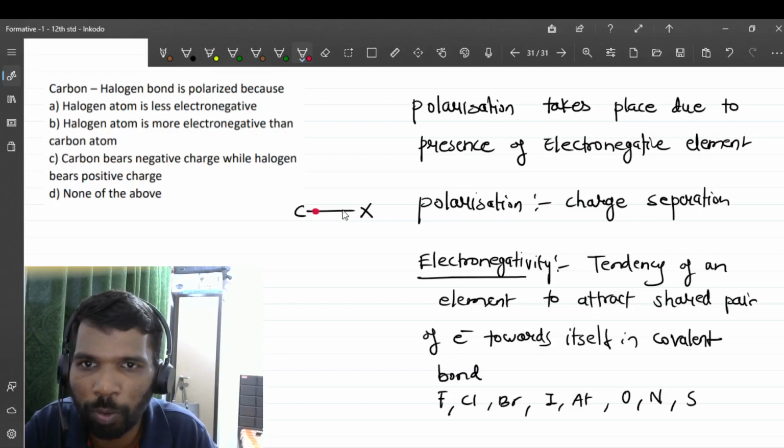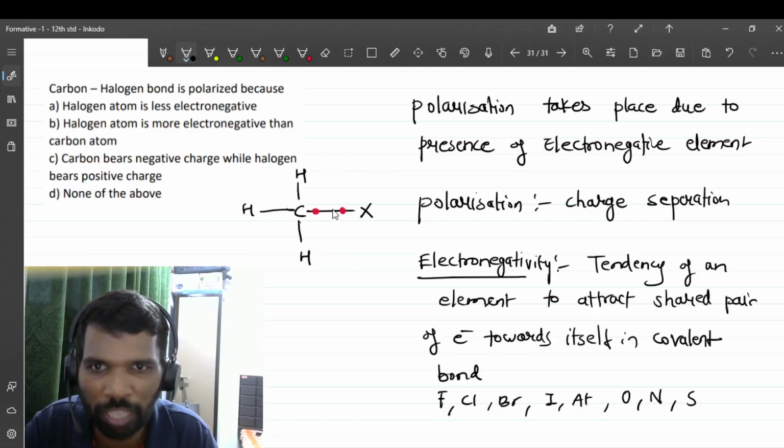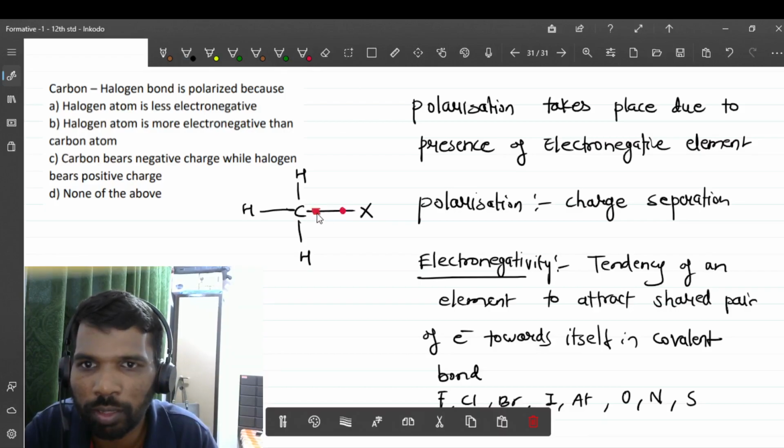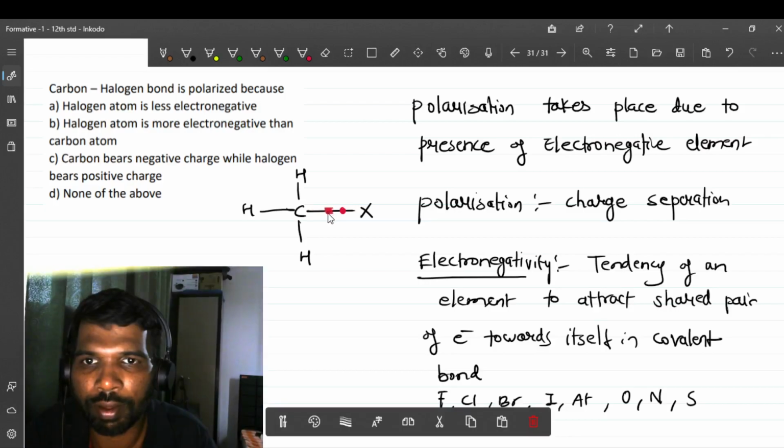So this is the covalent bond and this is the halide, and let's say this is the three hydrogen. Let's not worry about this. We'll focus on the carbon halide bond because X is a halide. It looks like sharing, but in the real case, this electron will be more on the side of the halide.